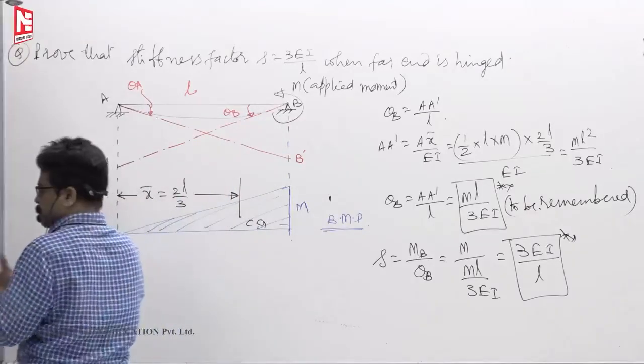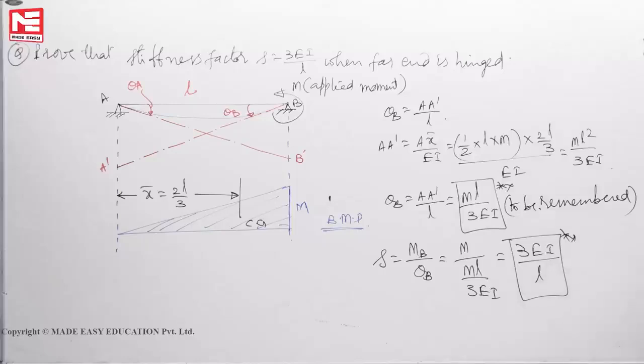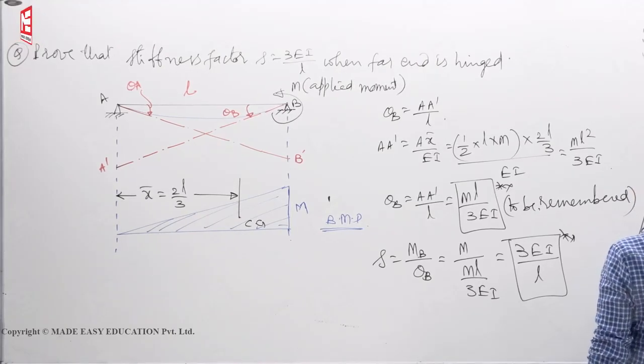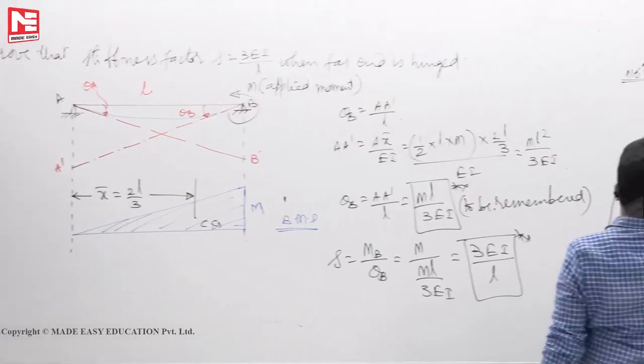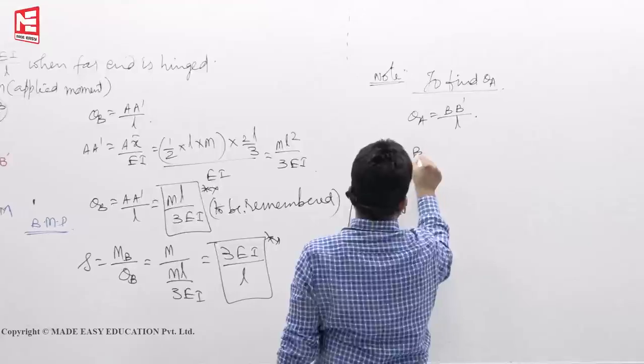BB dash by L. In case we require those formulas, see how easily we can find them using Mohr's theorem, to find theta A. So theta A is BB dash by L.